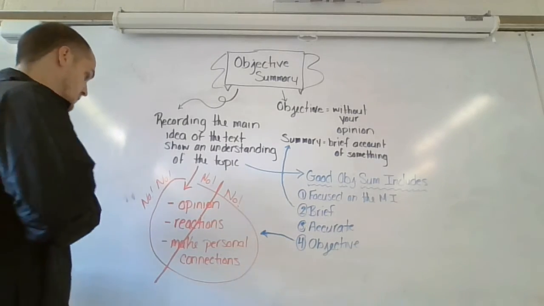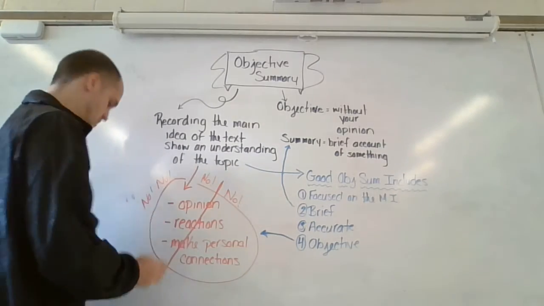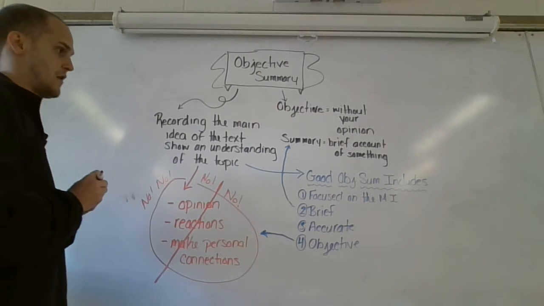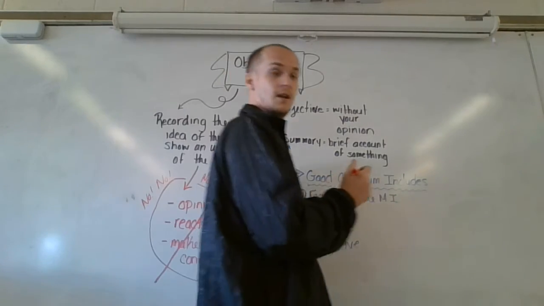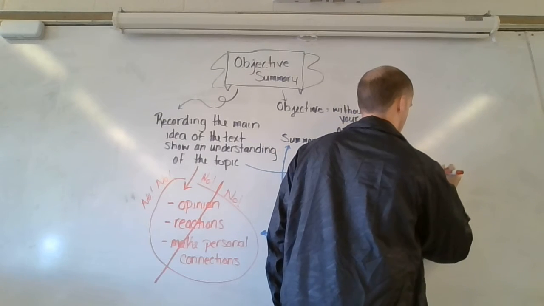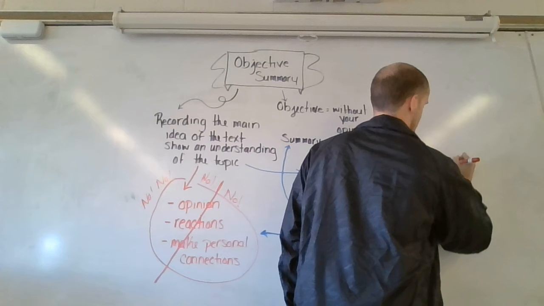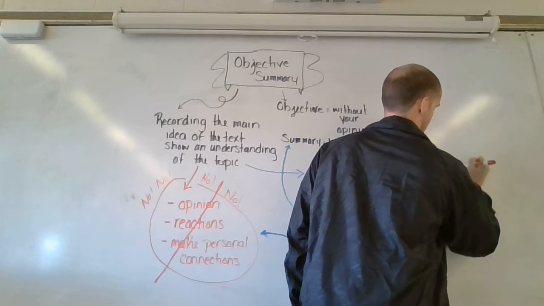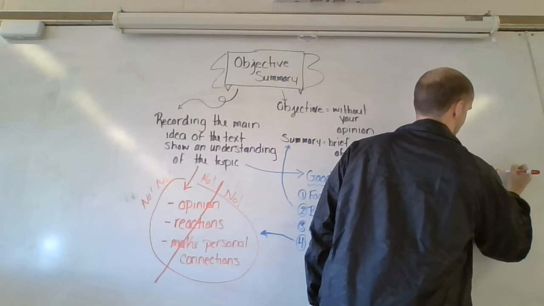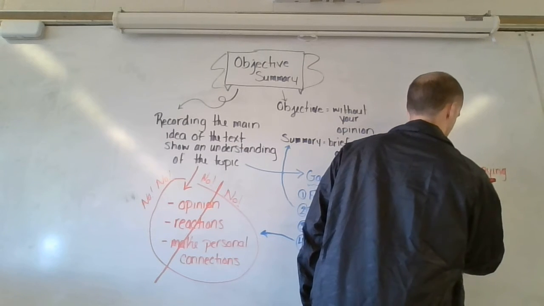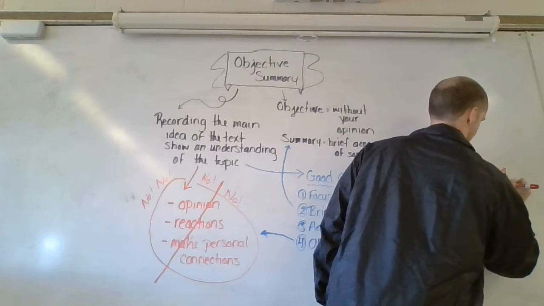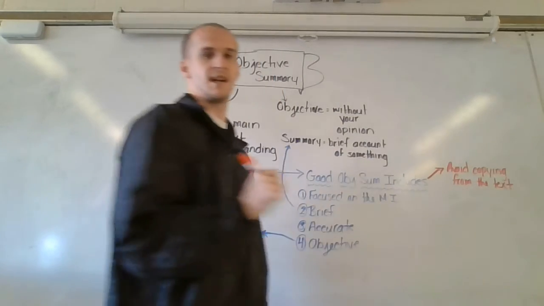And so we've discussed what to avoid, but what you also want to avoid in your objective summary is copying from the text.